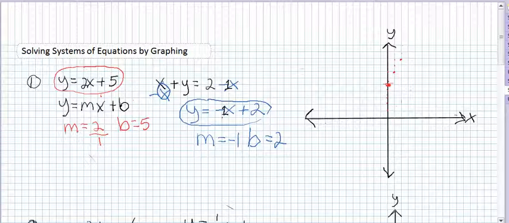So now I've got my line, and I'm going to extend the line straight through. It's not a very straight line. I've got a lot of practice to do with this pen. Okay, so that's my first line in red.